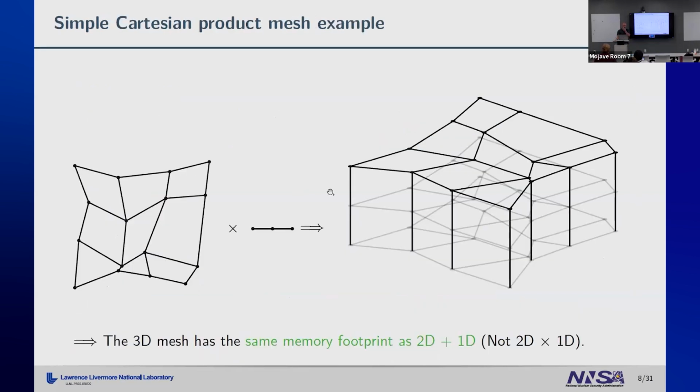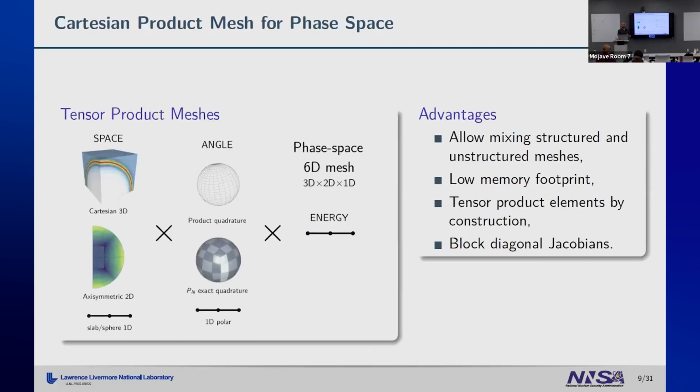Just giving a quick example, here is a trivial one: we take a 2D mesh and a 1D mesh, and we get this kind of 3D extruded mesh. That's fairly simple. As I said earlier, the memory footprint of this is going to be 2D plus 1D, not the product of the two. It's going to get especially interesting if we go to 6D. In practice, what we do is we have one mesh for space, one mesh for angle.